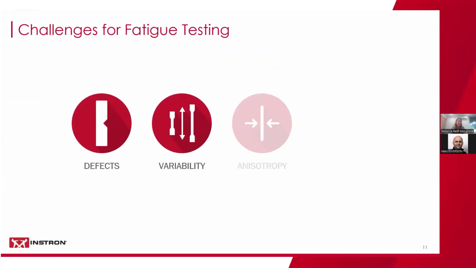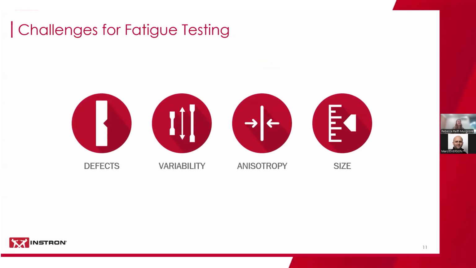So in the last webinar, don't worry, we're going to get onto something new soon. The last webinar, we touched on the microstructure of additive manufacturing parts and how they affect fatigue testing. We talked about defects and how they can cause premature cracking.